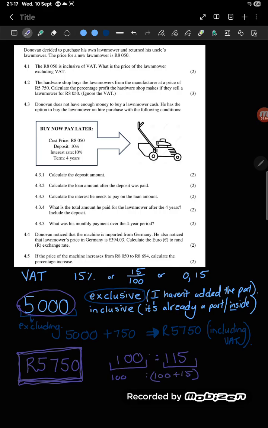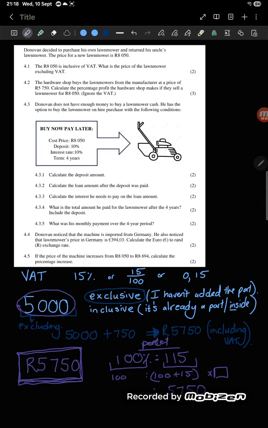Okay, this is percent. So 100%, these are percent ratios. I can say 100 to 115. The whole to the whole plus a part. Then I can say, what is the whole plus a part? Well, it's 5750.